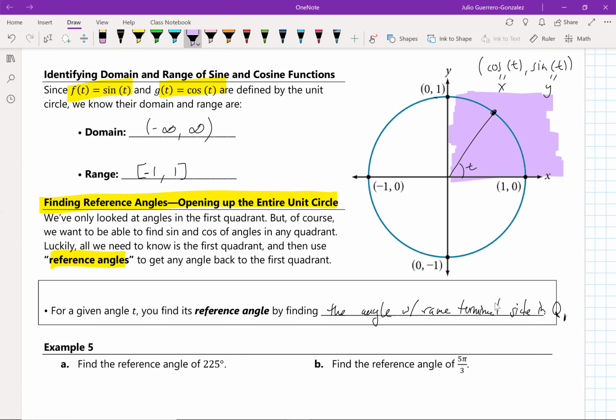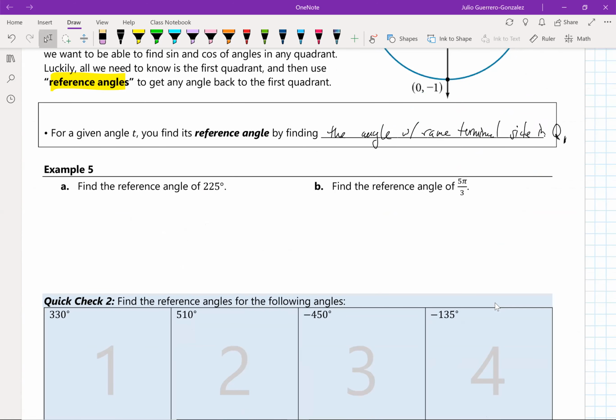So for example, let's find the reference angle for 225.